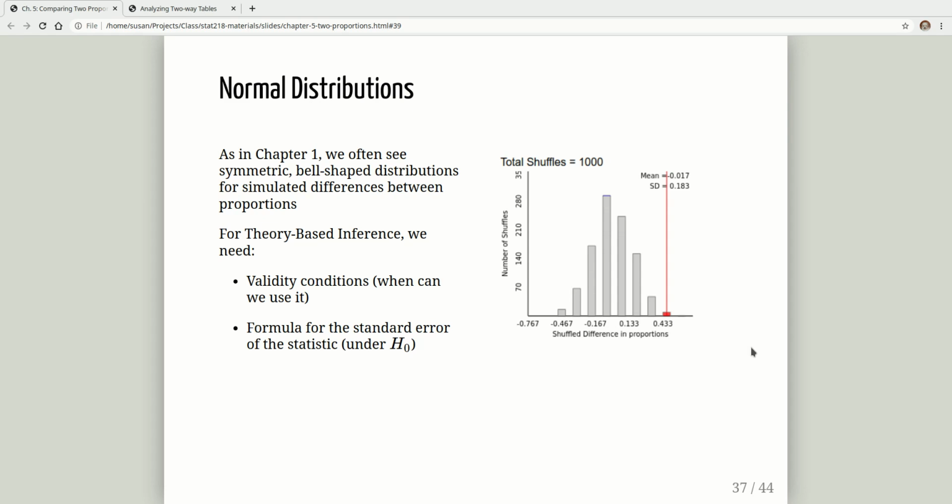All of this theory-based inference is designed to make sure that we've got that nice bell-shaped distribution; that's what the validity conditions are for. So, assuming that we have that bell-shaped distribution, what we need is just the standard error of the statistic under the null hypothesis. And that's enough to do theory-based inference.